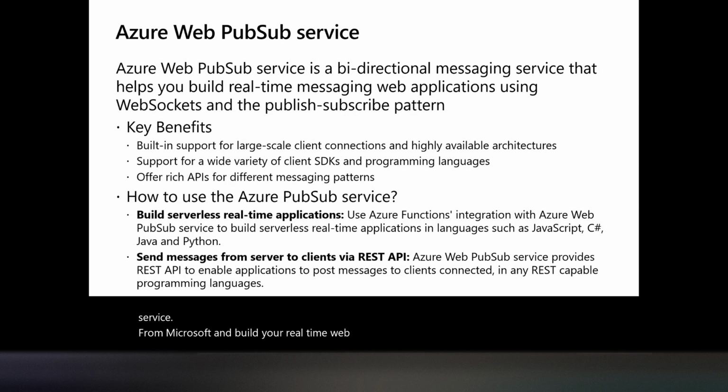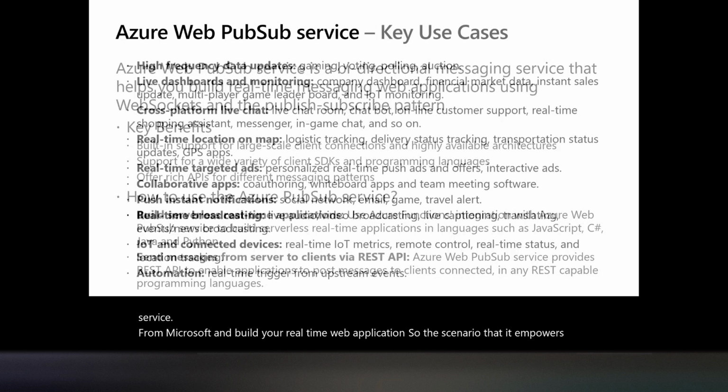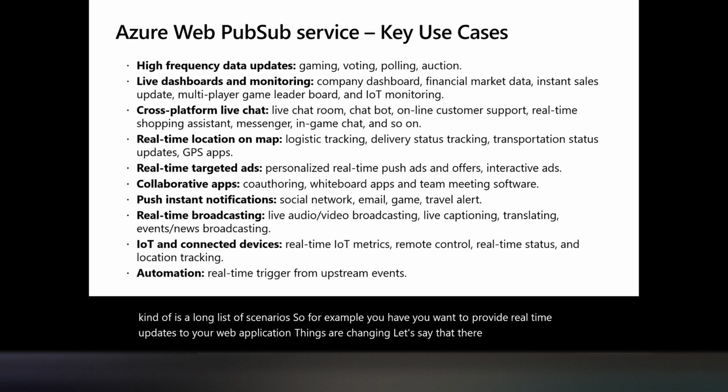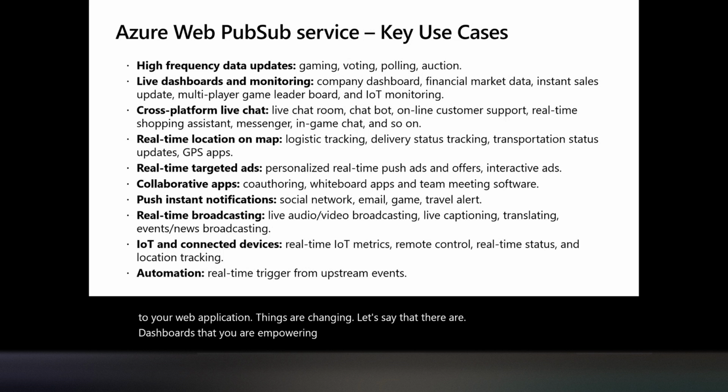The scenarios that it empowers are a long list. For example, you want to provide real-time updates to your web application. You know, things are changing. Let's say there are dashboards that you're empowering, and you want to update those dashboards.